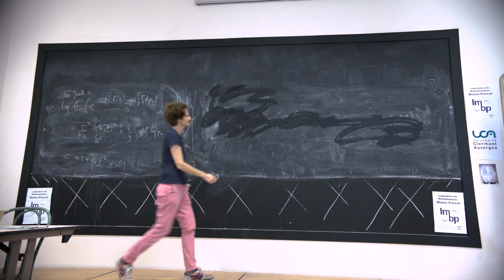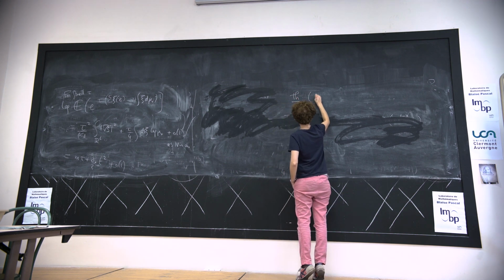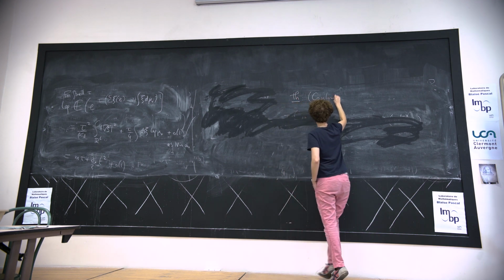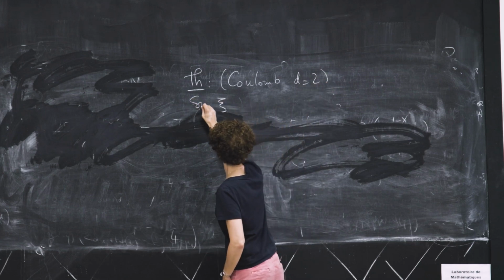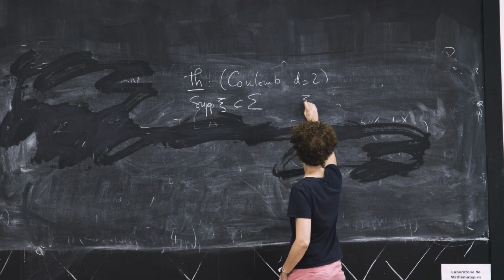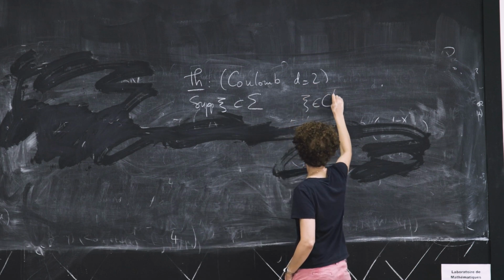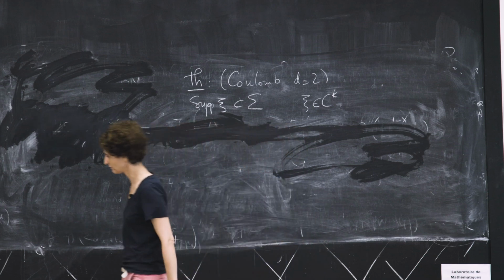Theorem. So this is Coulomb, D equals 2. Xi supported in the support of the equilibrium measure and sufficiently regular. I didn't discuss too much the regularity, but like say C6 or C7 or something.